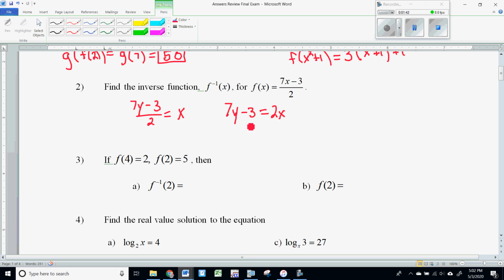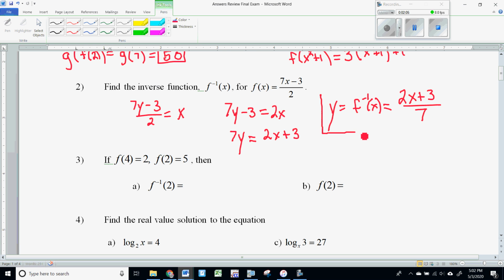I'm going to add 3. So that is 2x plus 3. And finally, to find y, or our inverse function, whatever notation you want to use here, we are going to divide by 7, so that is 2x plus 3 over 7.